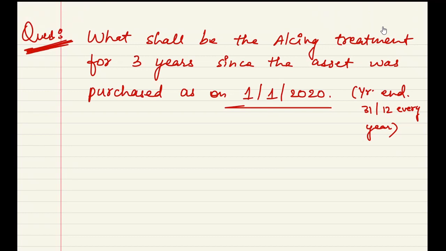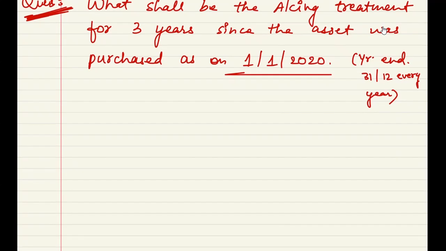According to this, we need to pass the necessary journal entries with respect to recording this asset and charging the depreciation. So whenever I have purchased the asset, what is the date on that particular day? It is 1st of January 2020.